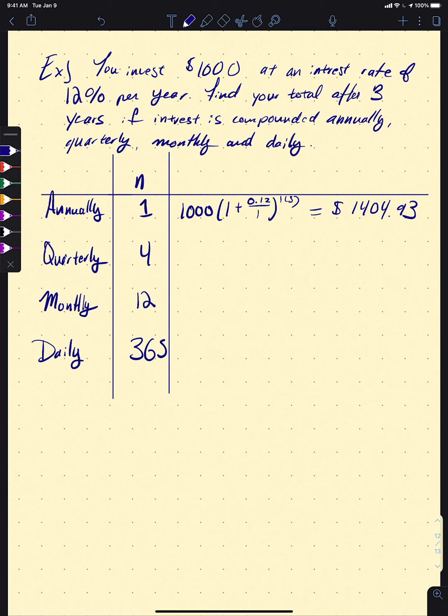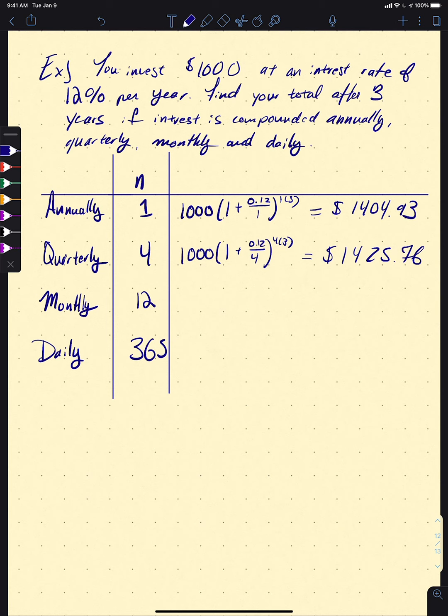What happens if I compound quarterly? Well, we're still going to get 1,000 times 1 plus the same interest rate, but now we compound 4 times per year. So it's a smaller number on input, but we're raising it to a higher power because we go 4 times 3. And it turns out, when you run this through, you get $1,425.76.